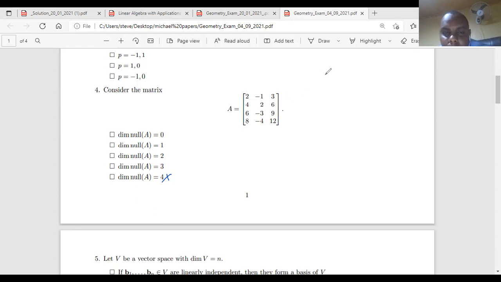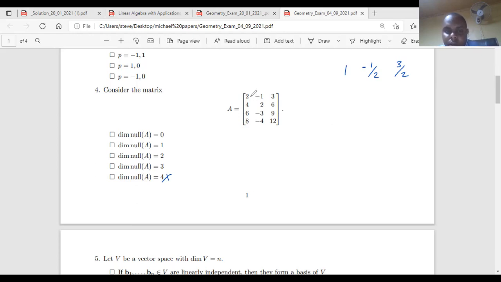Yeah. So we could take 1, negative half, 3 halves. I was more thinking that the first column is all even numbers, 2, 4, 6, 8.